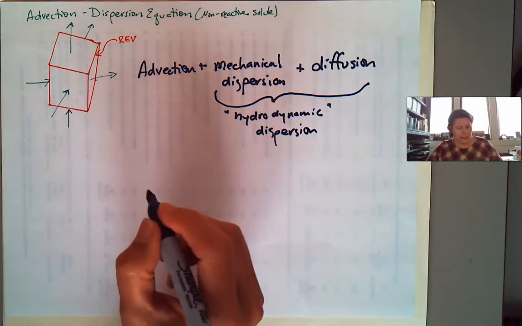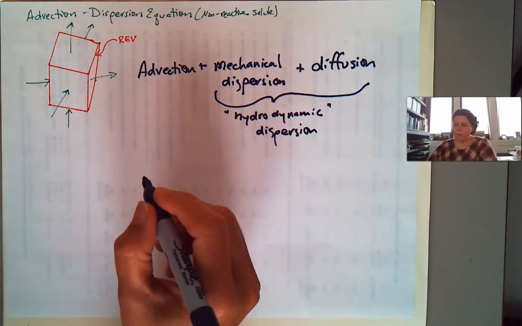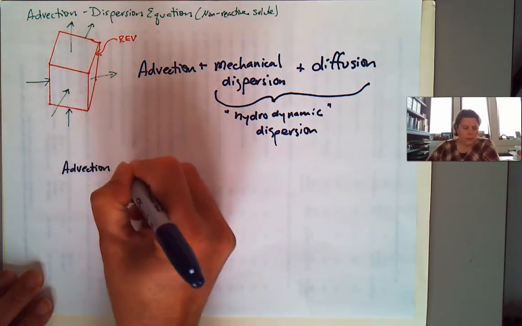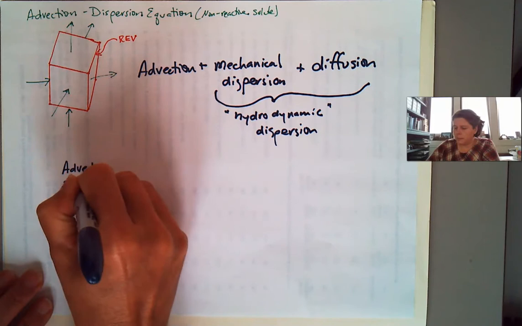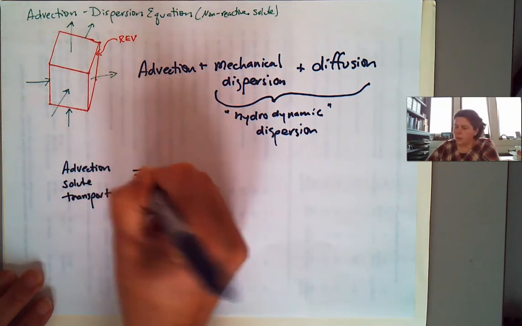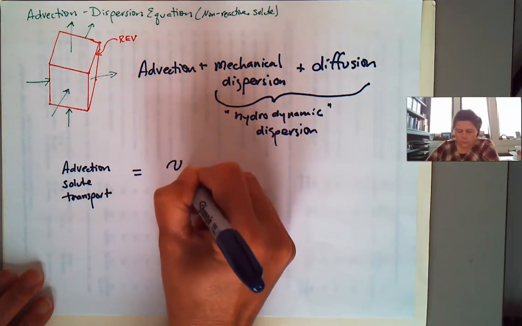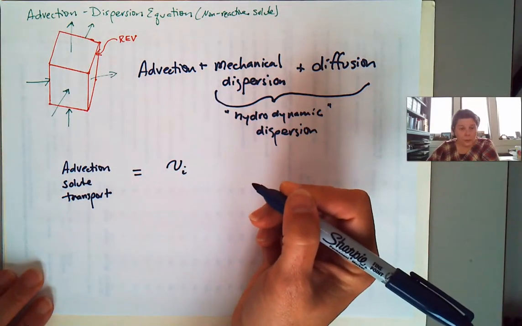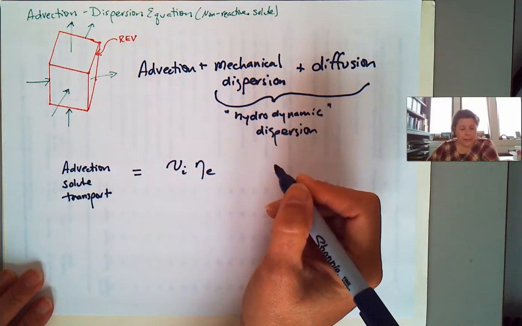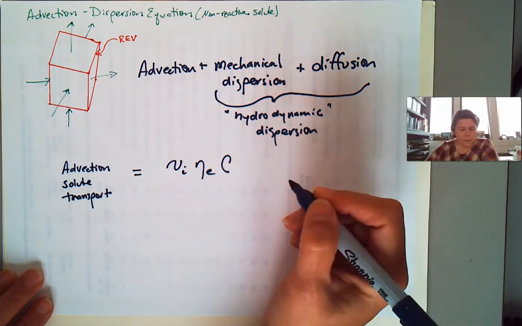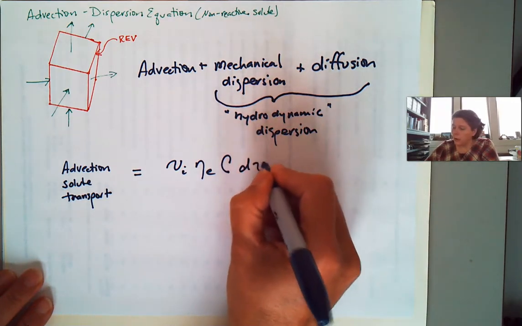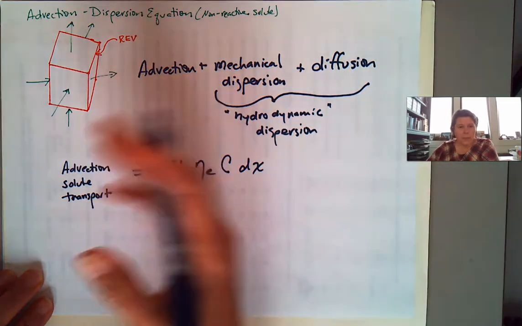So if we looked at advection solute transport, it equals the velocity, the average groundwater velocity, times our effective porosity, times C, our solute concentration, over the cross-sectional area of our representative elemental volume.